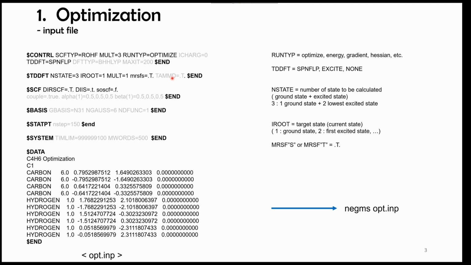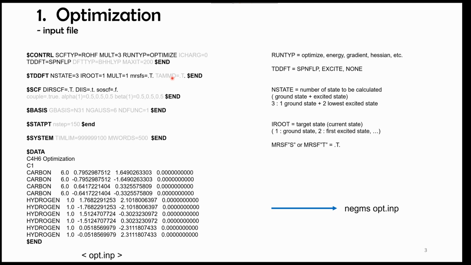If you read a paper, TDA is the Tamm-Dancoff approximation, and here the keyword is TAMD. It's supposed to be TDA, but that's what they did originally, so we couldn't change it.